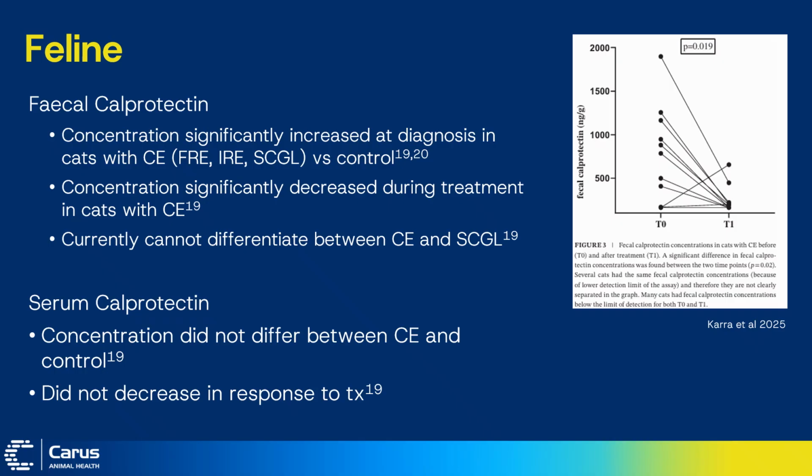In humans, it's been found that although calprotectin is found in various bodily fluids, the concentration in feces is 6 times higher than in blood in healthy humans, which may be one of the reasons why serum calprotectin concentration doesn't appear to be a good biomarker for cats with chronic enteropathy compared with fecal calprotectin.